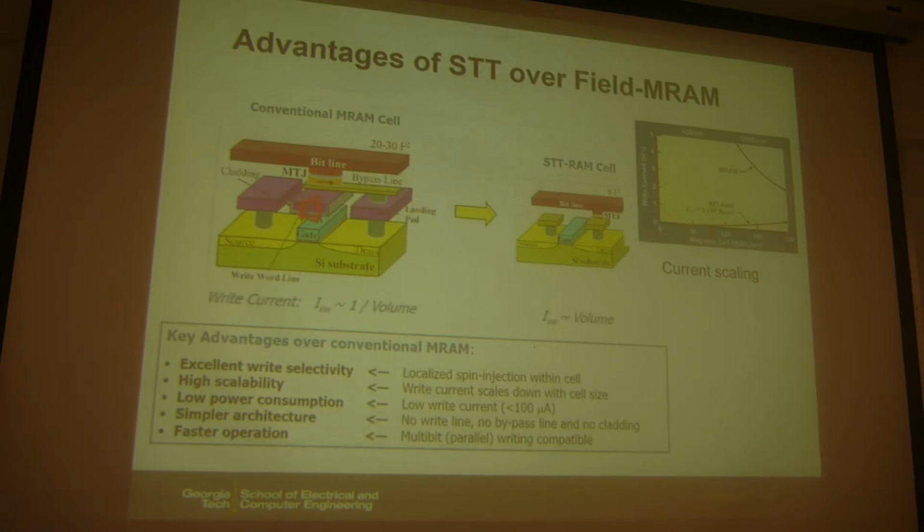And then for the STT-MRAM, the red current directly passes through the MTJ structure. And it's very nice that when you scale the technology node, the area of the MTJ scales, so the red current also scales in proportion to the area, because the current directly goes through the MTJ structure.